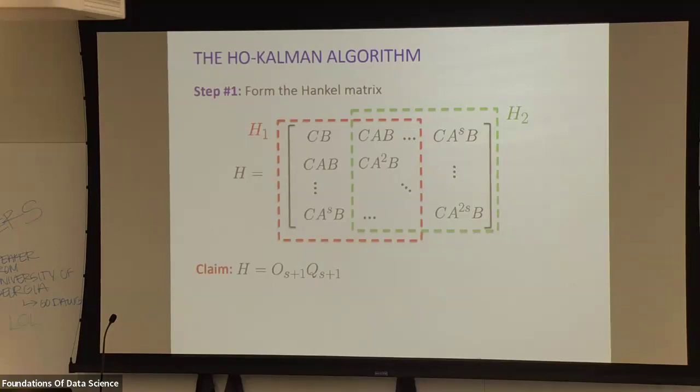Well, what I claim is that this block Hankel matrix H that I constructed can be written as the product of observability and controllability. That's just from the definition. So this gives us the first hint that this makes sense, because I know the left-hand side, right? Someone gave me the Markov parameters, I can construct that H. And now the thing which I'm looking for is somehow an unknown factorization of this matrix.